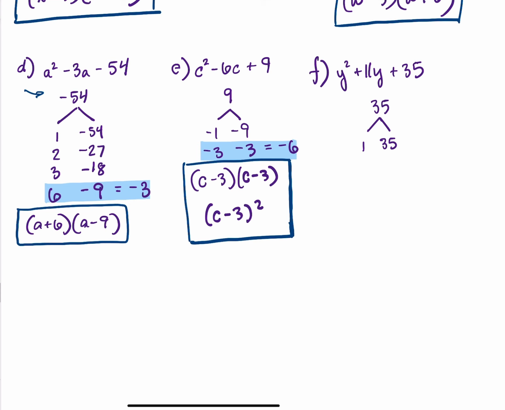It's divisible by 5. 5 times 7 is 35. But that would add up to 12, so that's close. The next factor would be 7. And notice we just get 7 times 5 again. 7 and 5, so that adds up to the same. Then the next one wouldn't be until 35 and 1.